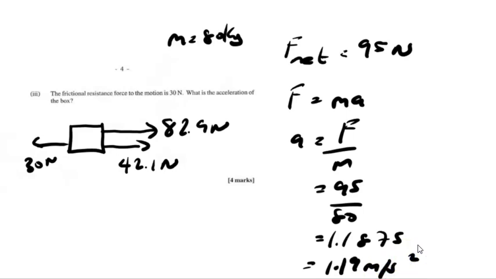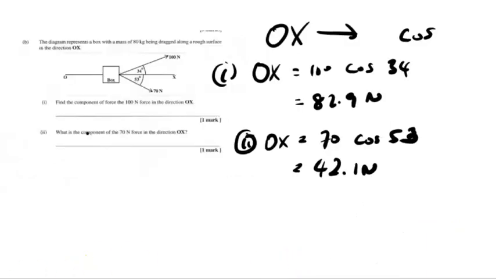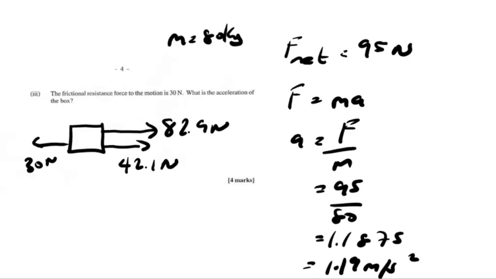Let me quickly go back and see if I really chopped off the part of the question that I wanted to look at. All right, part 4. Yeah, I really chopped it off.